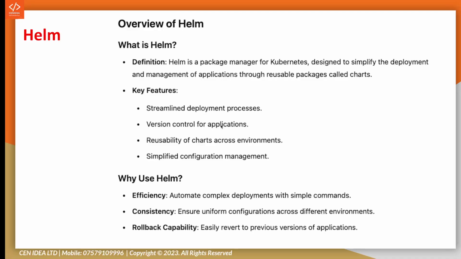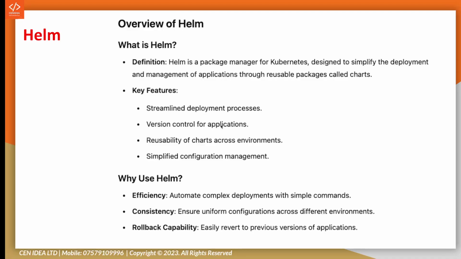Essentially, in layman's terms, Helm is just a package manager, like a library basically, that is used to automatically generate a Kubernetes manifest, make some configuration and tweaks on the manifest, and then deploy the Kubernetes infrastructure inside the cluster. So that's what it is really, and it has key features.